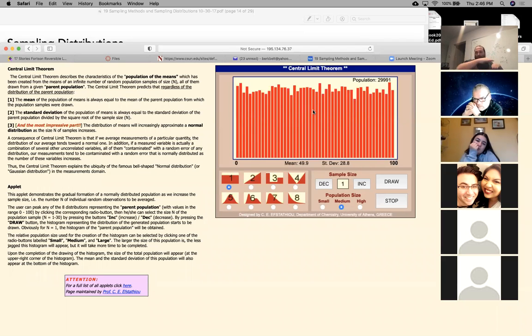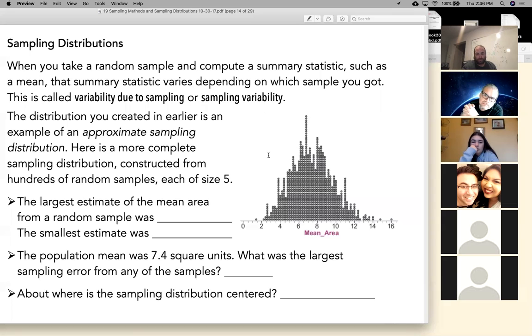Seems pretty even for each one, correct? Okay. Now, since each one is different, there is some variability due to sampling, or sampling variability. The samples themselves have some variability in them.